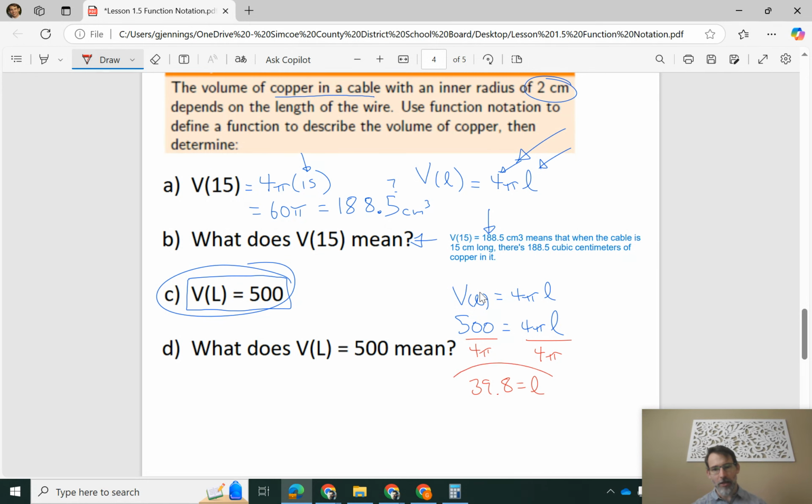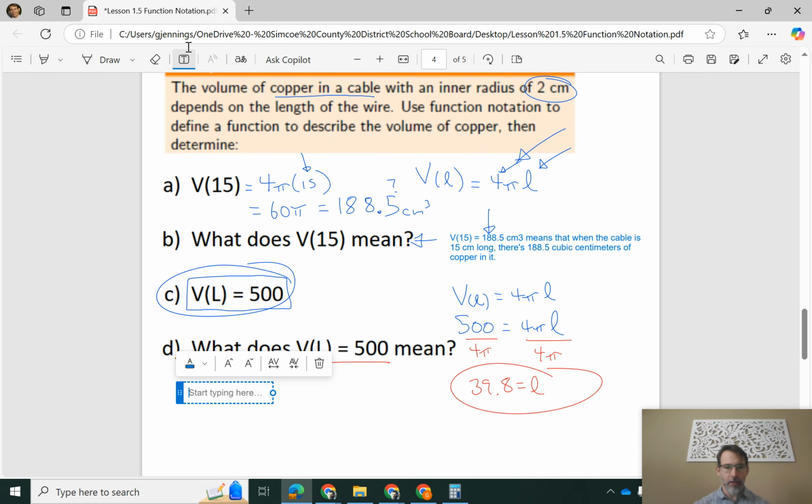39.8 equals L. So what does this mean? This means that when the volume of copper in the wire equals 500, then the length of the wire is just shy of 40 centimeters.